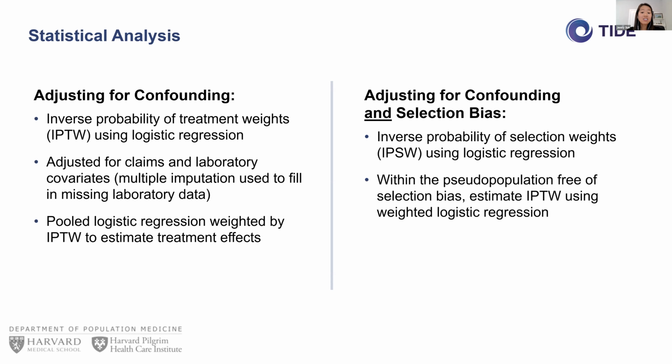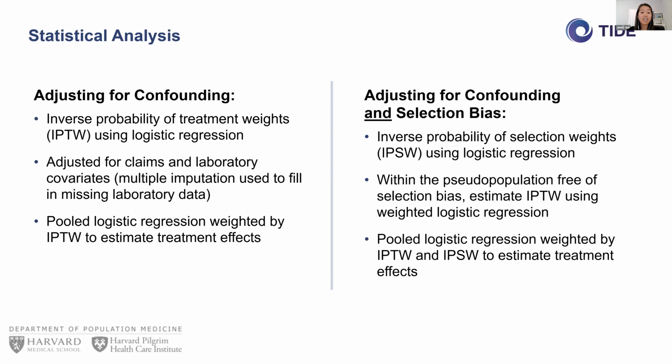Then, within this pseudopopulation free of selection bias, we estimated inverse probability of treatment weights to adjust for confounding. Finally, weighted pooled logistic regression, weighted by both IPSW and IPTW, was used to estimate treatment effects. This approach is intended to create internal validity within the target population of interest, which again, in our study, was the full cohort.